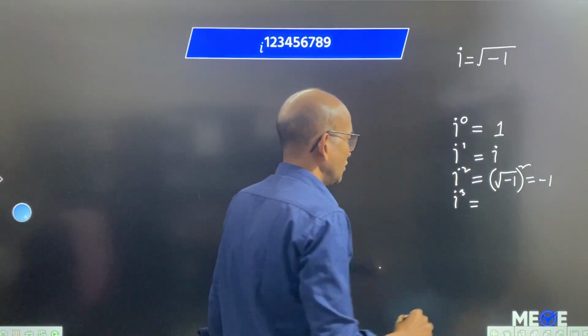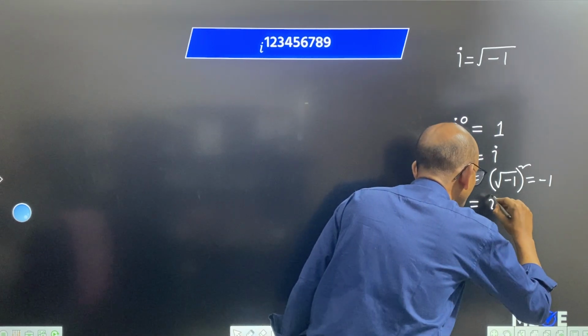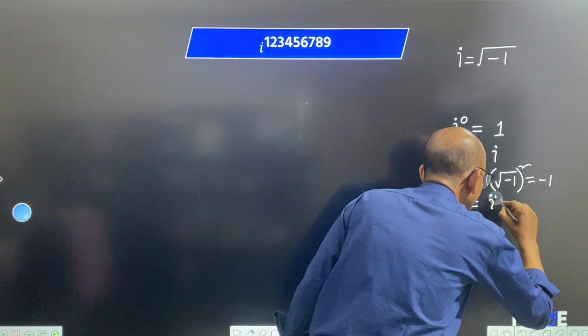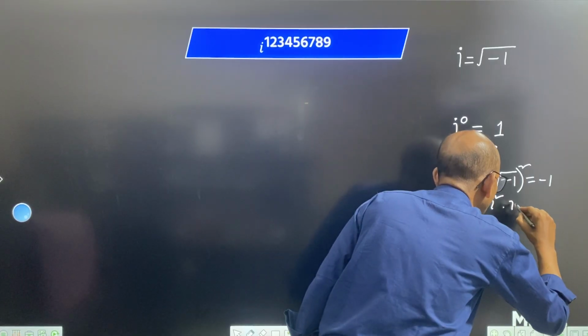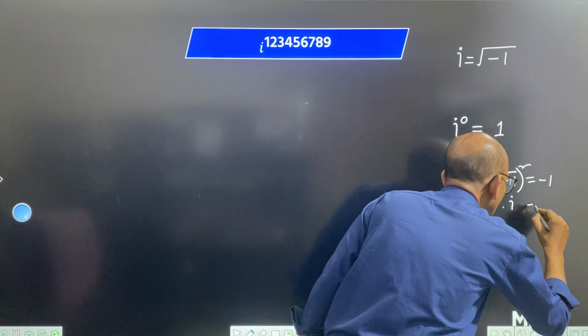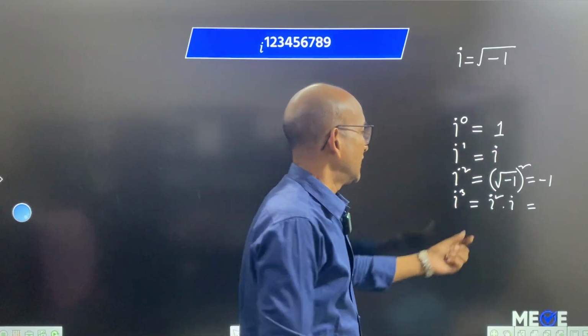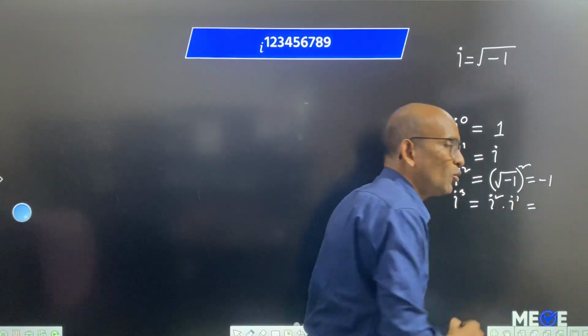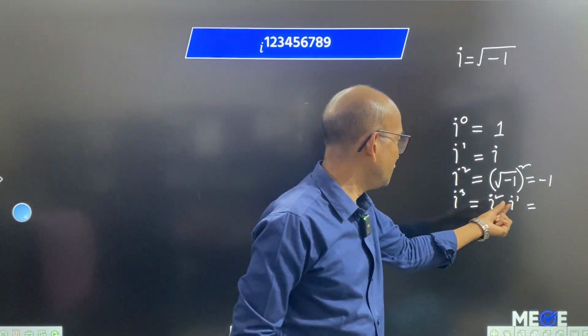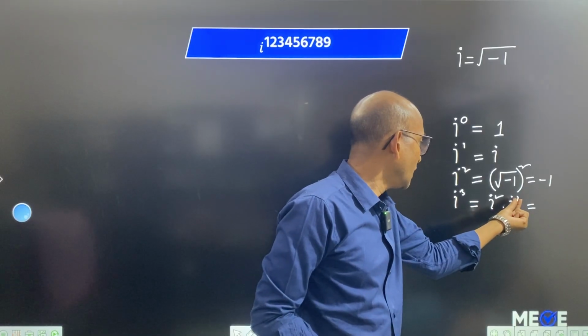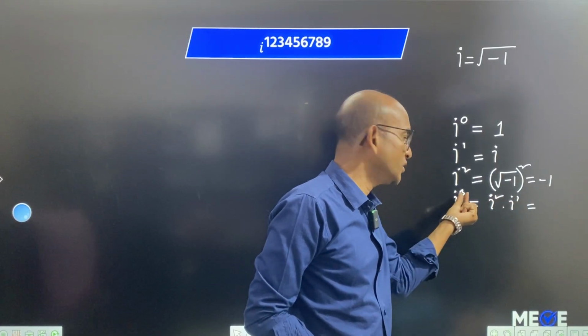And then i cube. We can split this i cube into two parts. The first part is i square and the second part is i itself. As I am writing i, that means i to the power 1. If we sum up these two numbers, 1 and 2, we'll get this 3, cube.